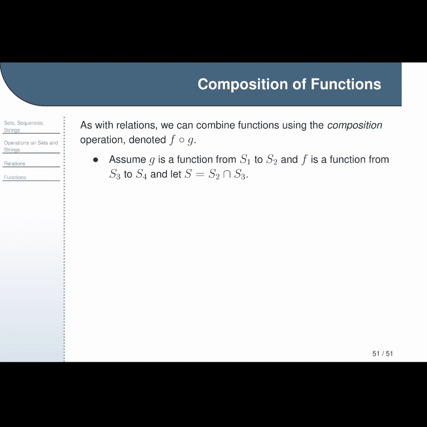We call that S. That's the set that bridges between the two functions, as we saw when we looked at compositions of relations. And then again, we define the composition of these two functions, f and g, as a new function that goes from S1 to S4. And we write this as f circle g of x, or f of g of x.